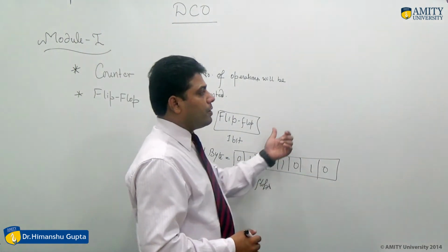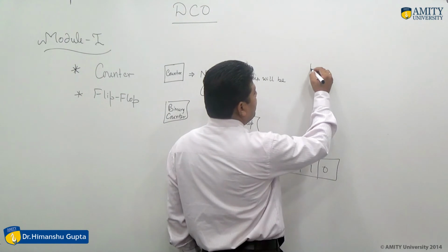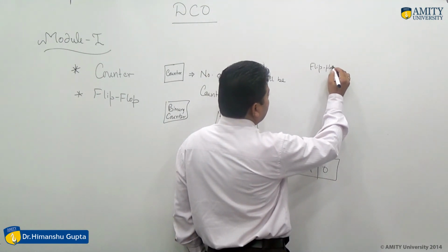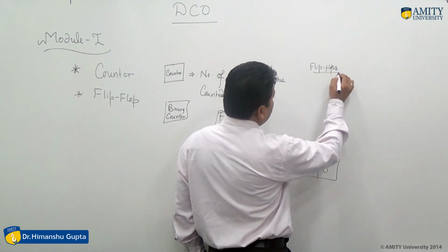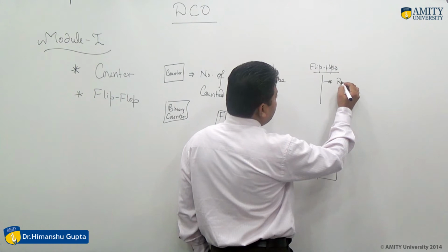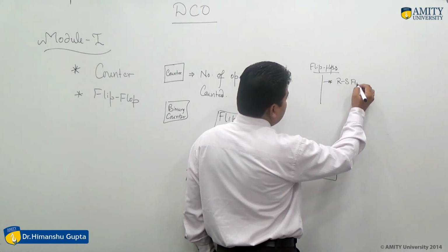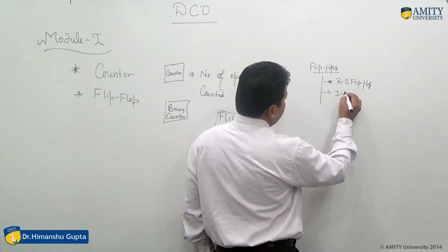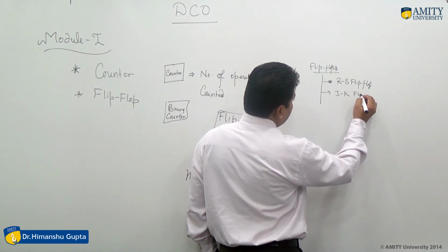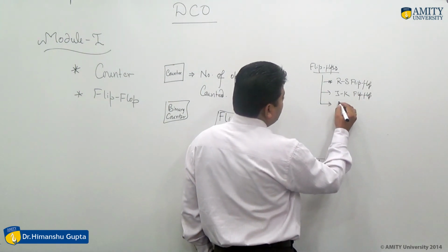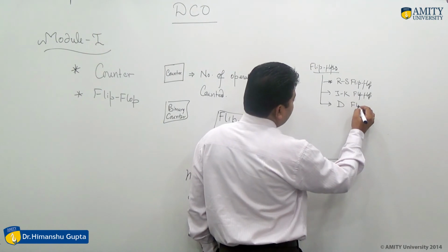Now we will see the flip-flops. There are various types of flip-flops. First is the RS flip-flop. Second is the JK flip-flop. Third is the D flip-flop.